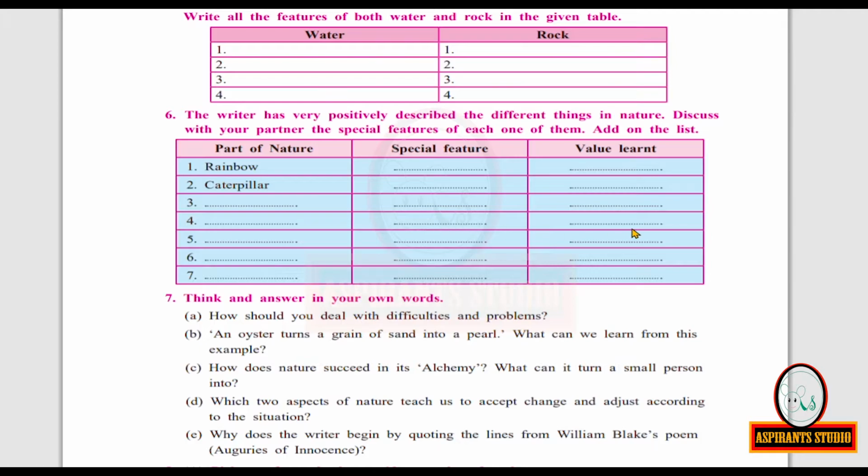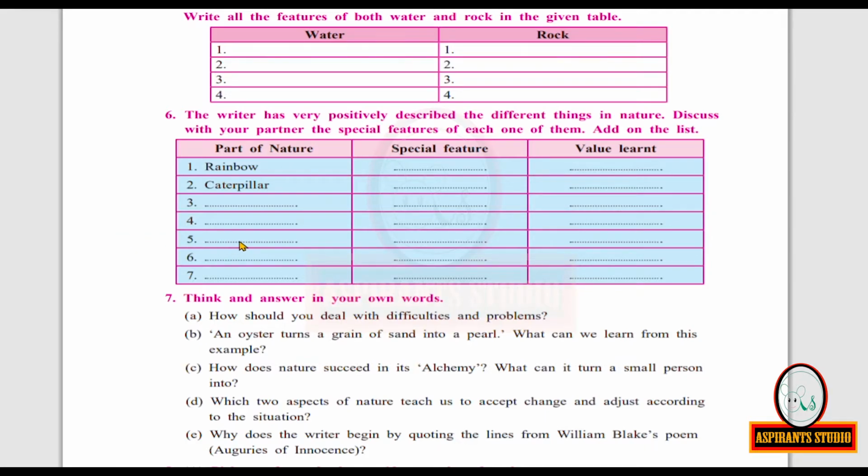And a value learned, you can write obey the commands of nature. Adjust to the situation. And be humble.